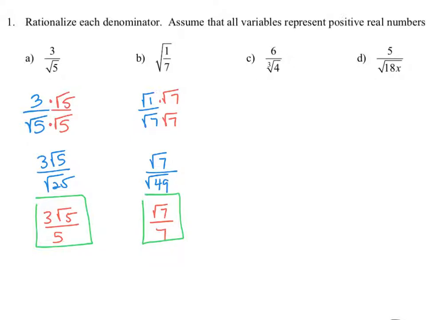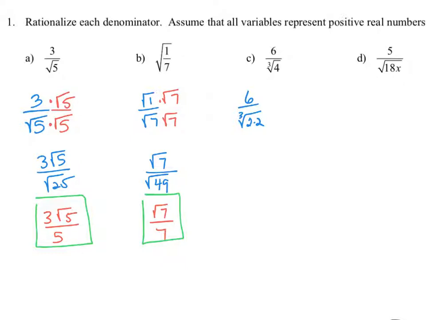In example C, we have 6 divided by the cube root of 4. So we want to multiply the numerator and the denominator by a quantity that would result in no radicals in the denominator. Since we're dealing with a cube root of 4, and 4 is the same thing as 2 times 2, we want to multiply 4 by something to make it a perfect cube.